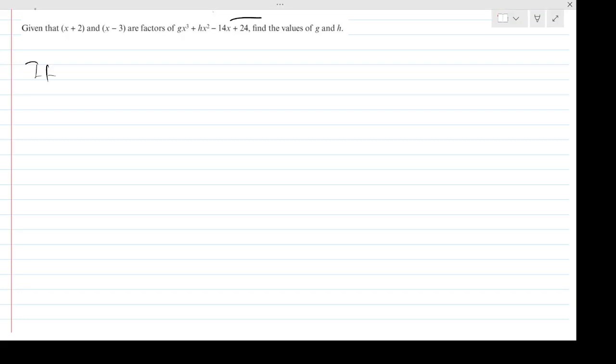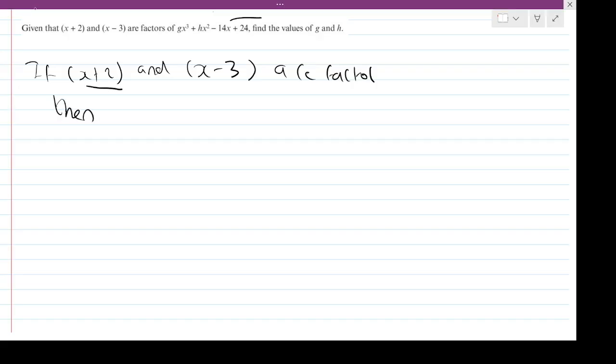If both x plus 2 and x minus 3 are factors, then we're going to apply the factor theorem to both of them. So x is minus 2 and x is positive 3. If you set them to 0, that means they're both roots or solutions.